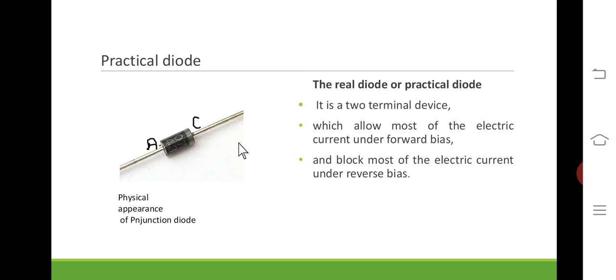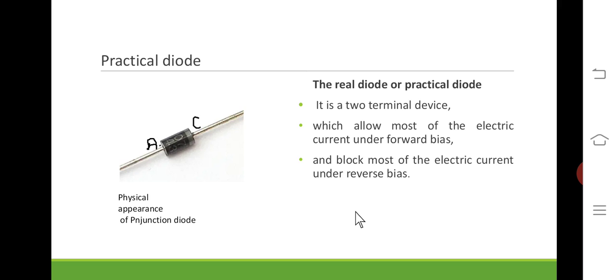So actually what does this practical diode mean? It is also the same diode. It is also a two terminal diode, which allows most of the current under the forward bias and blocks most of the current under the reverse bias.